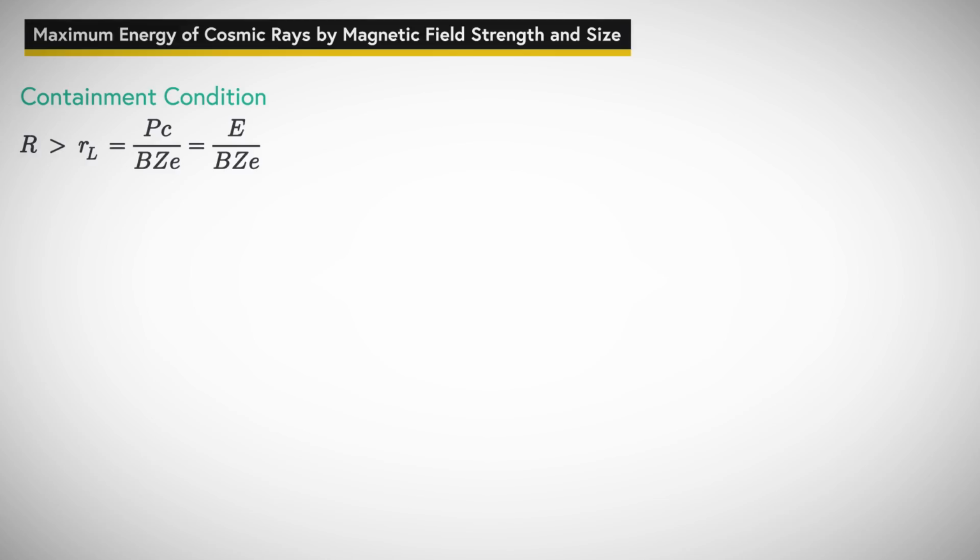In case of a highly relativistic motion, where the kinetic energy of the particle is much larger than the rest mass, the maximum energy E_max is then obtained as ZeBR. Although this estimation is very simple, we can derive that the size of an astronomical object is related to the maximum energy it can reach as a cosmic ray accelerator.